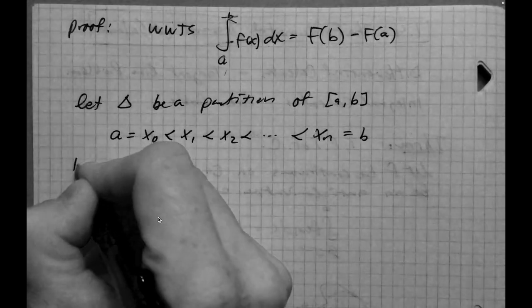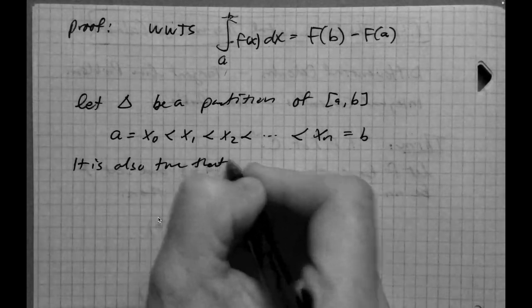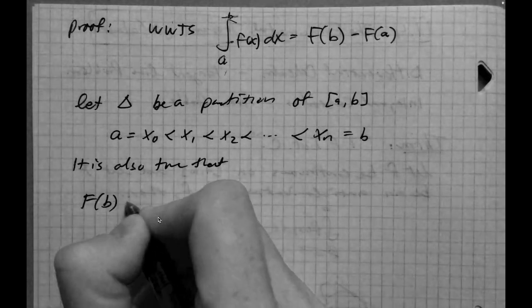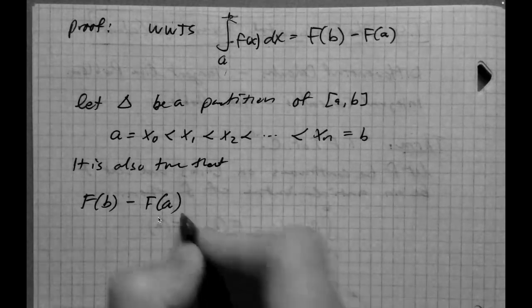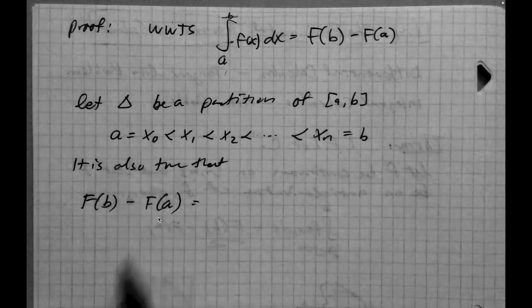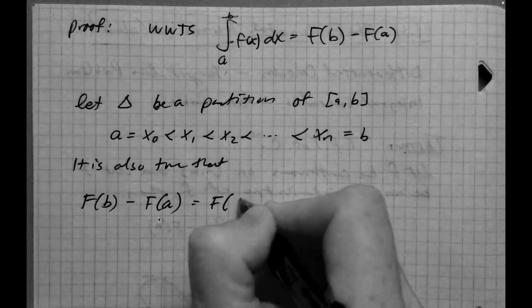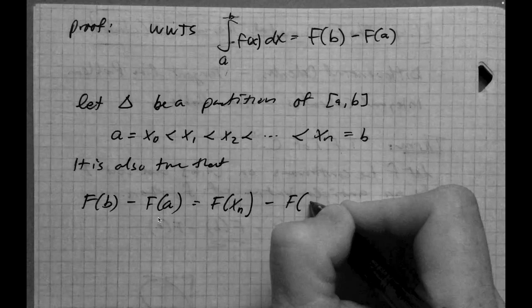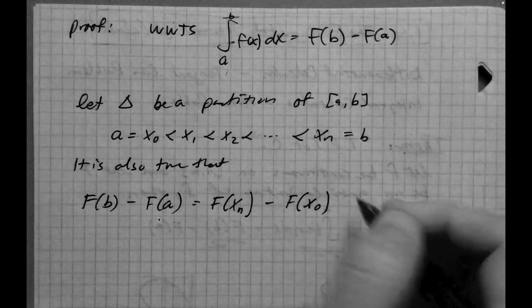Now, it's also true that if you take the antiderivative F evaluated at b minus the antiderivative evaluated at a, well, we know that b is x of n and a is x of 0, so we can expand this. We could write it like this: F of x of n minus F of x of 0.